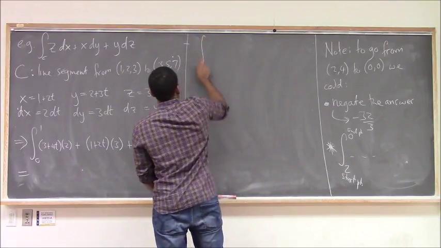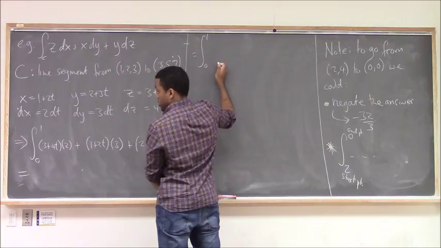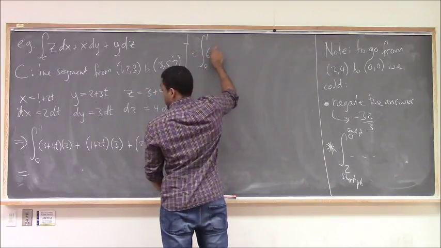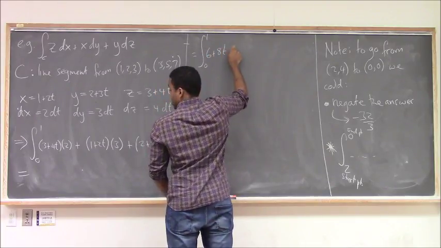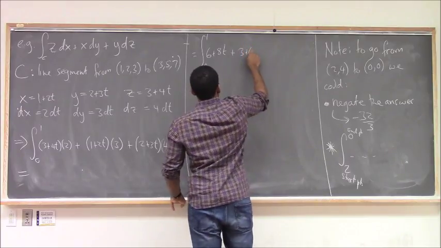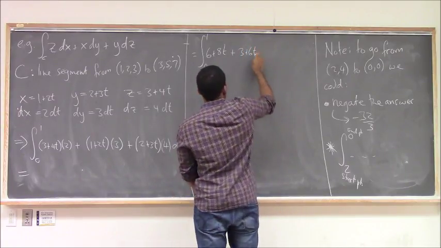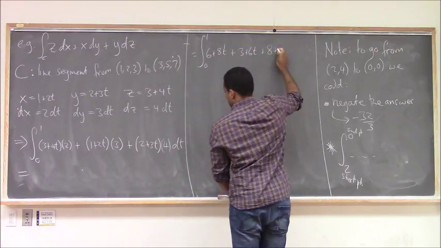Okay, so let's just go through the motions here. That'll be 6 plus 8t plus 3 plus 6t plus 8 plus 12t.